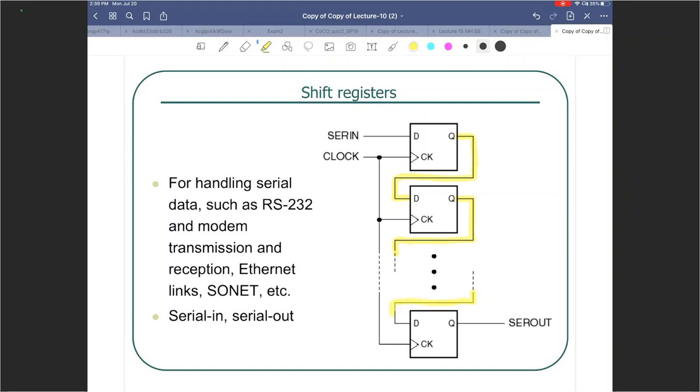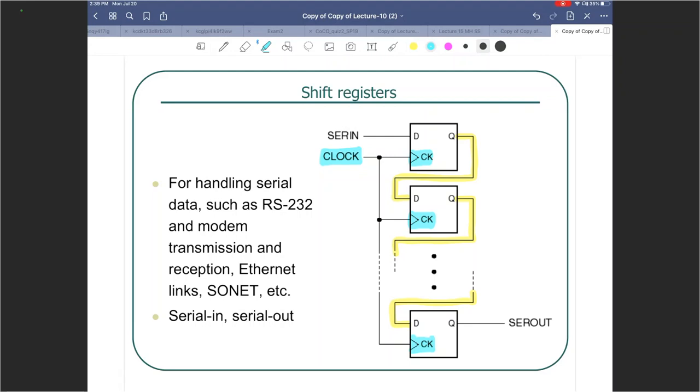And then finally it comes out to the last D flip-flop. All of these are connected to one clock input. They're all synced up with one timing signal called clock. They're all positive edge triggered D flip-flops.